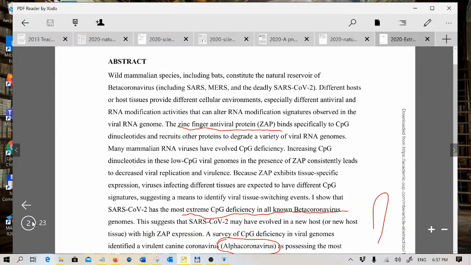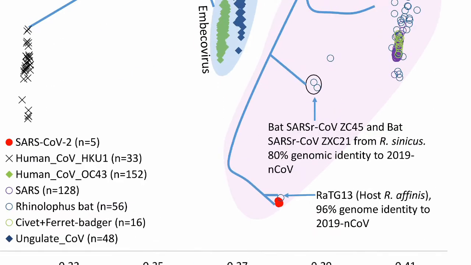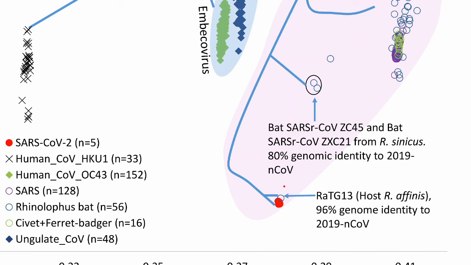Now if we look at the graphical representation of this, the extreme positioning is amazing. In comparison to other coronaviruses, for example, the human-infecting HKU1, it doesn't show such a low frequency, nor do the other viruses.